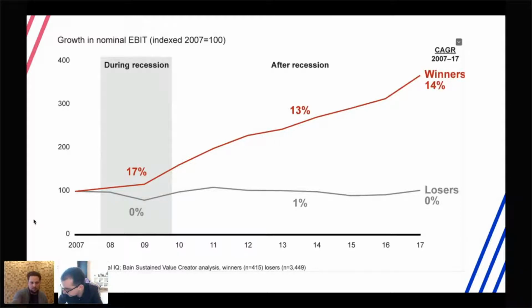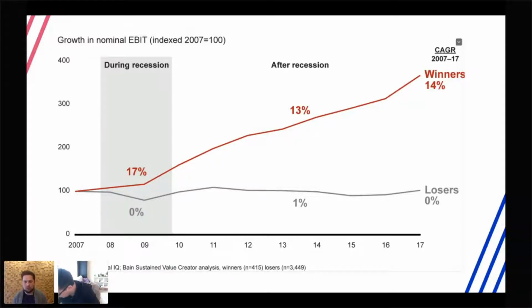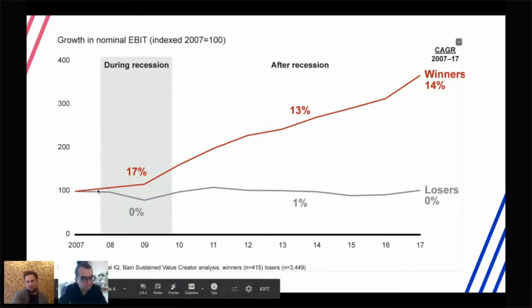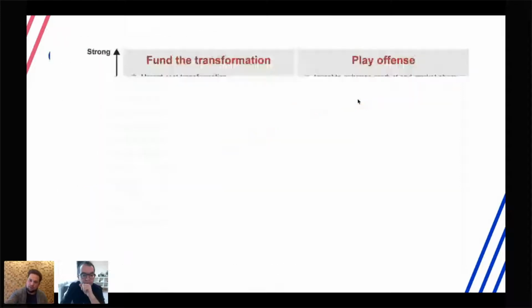This is a segment of the most valuable companies in the US, and we see that they decided not just to survive, but to invest into marketing and adjust the strategy after the recession, and currently they are becoming winners.